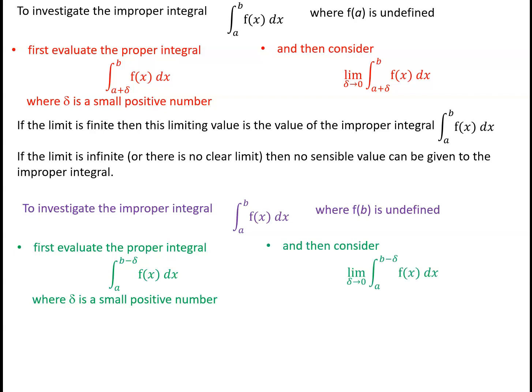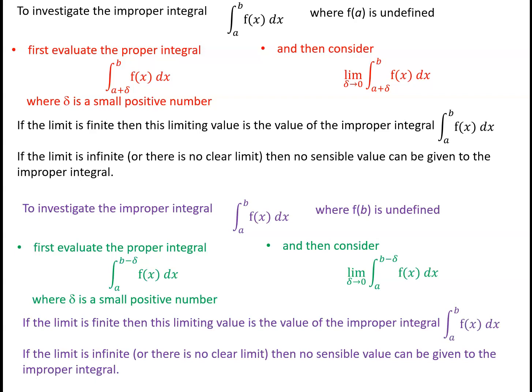And we then consider what happens to that integral as delta tends to 0. If the limit is finite, then this limiting value is the value of the improper integral.